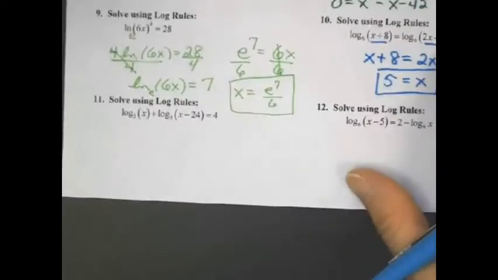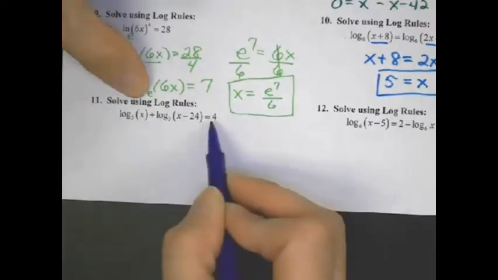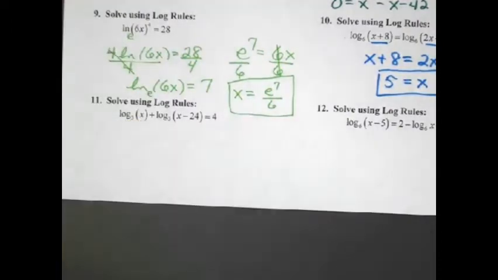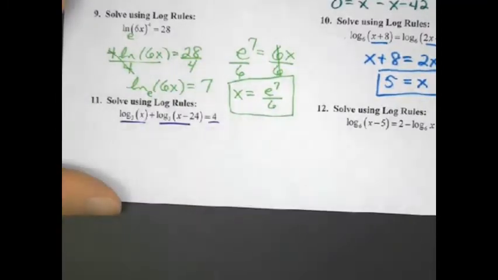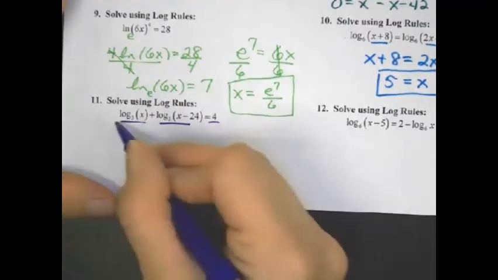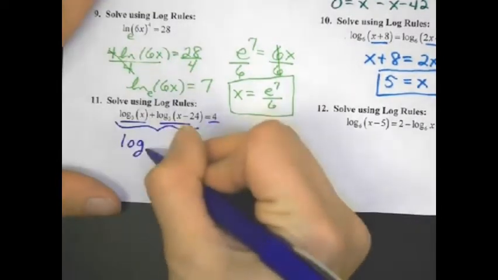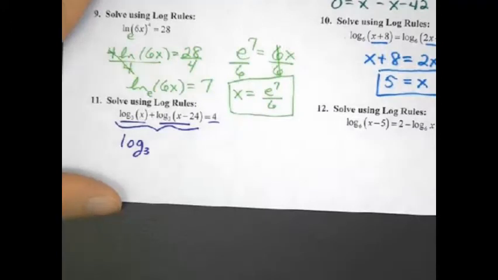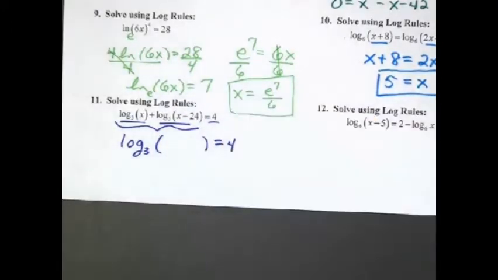Number 11, similar to what we did today in class, there are 3 things. So I can't just set the arguments equal. There's 1, 2, 3 things. There's a lot of logs. Maybe what we should do is combine both of those logs into just one log of base 3. So you're going to have 1 log. We still have equals 4.